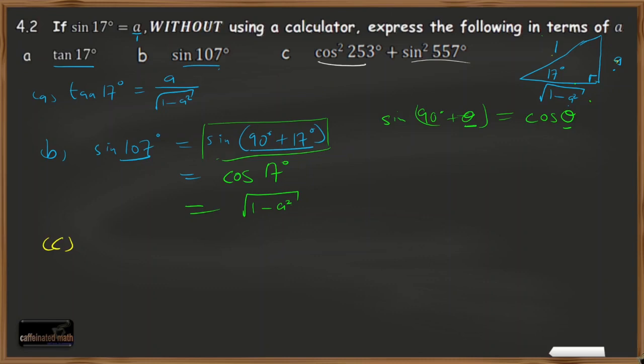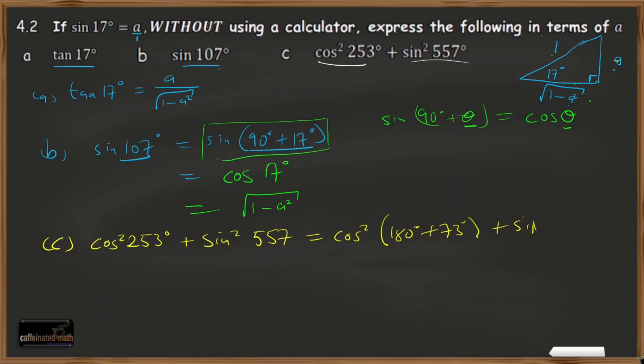For C, we have cosine squared of 253 degrees plus sine squared of 557 degrees, which is equal to none other than cosine squared of 180 degrees plus 73 degrees plus sine squared of 360 degrees plus 197 degrees.